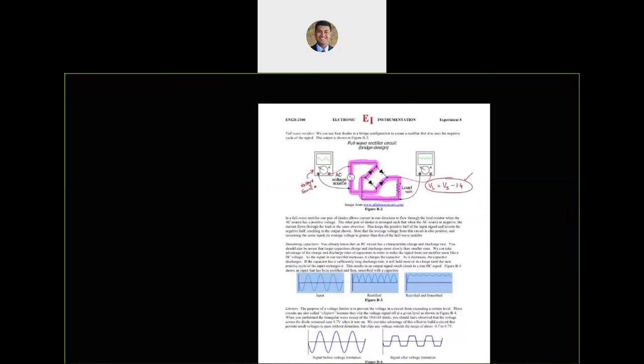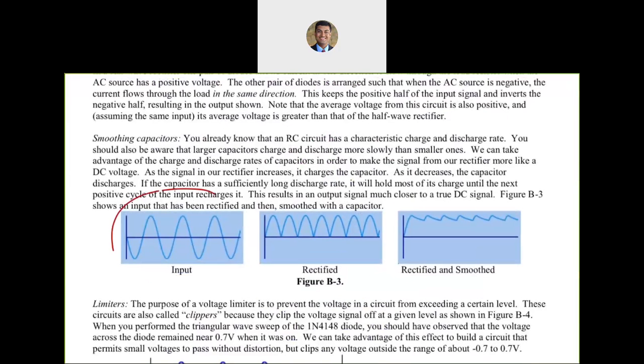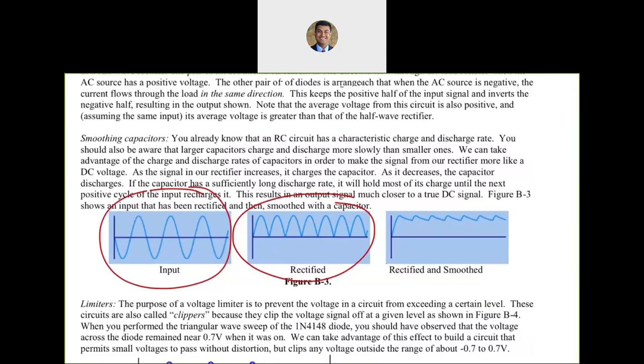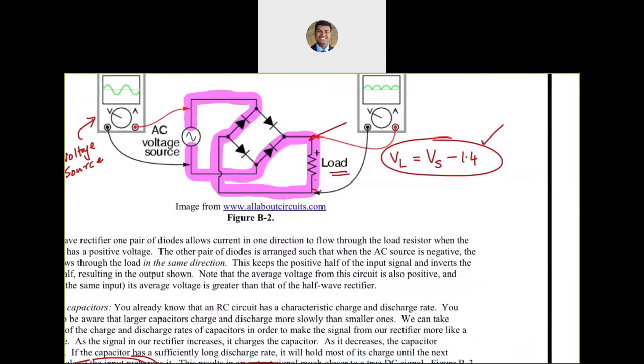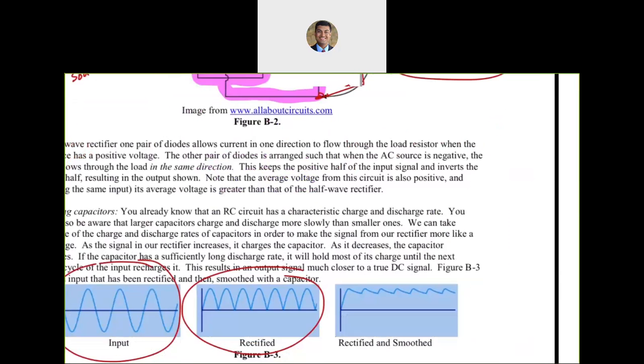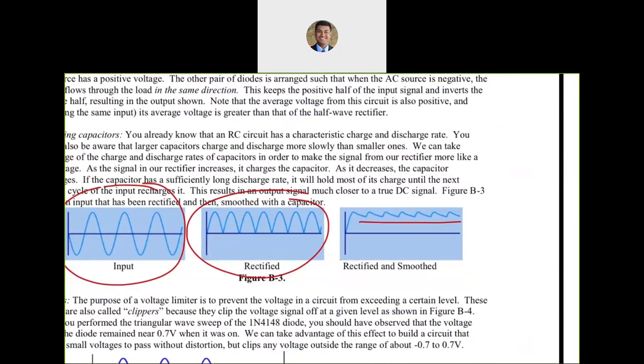So you see this? If the input is of this form, the voltage across the load is going to be like this, because we are essentially flipping the negative cycles to the positive side by connecting it in the full wave rectifier configuration. And then if we were able to connect a capacitor across this load, so suppose we connect a capacitor between those two points like we did earlier, we will be able to smooth that out.